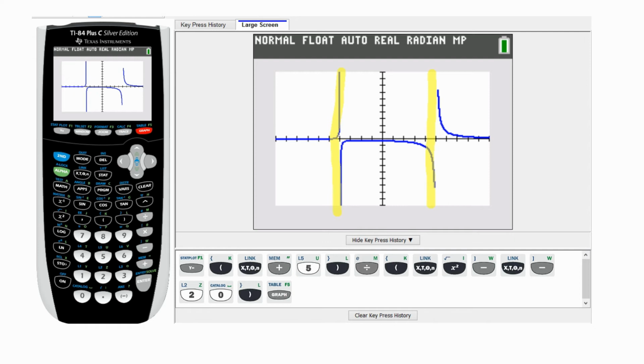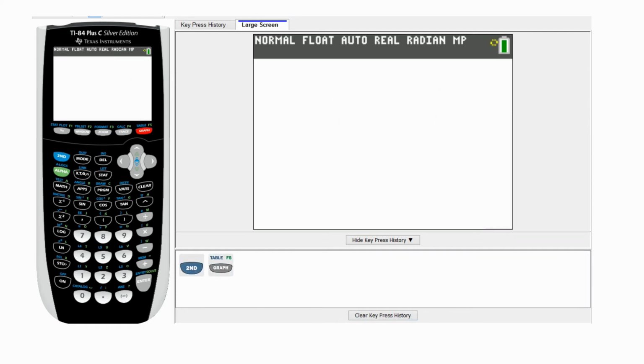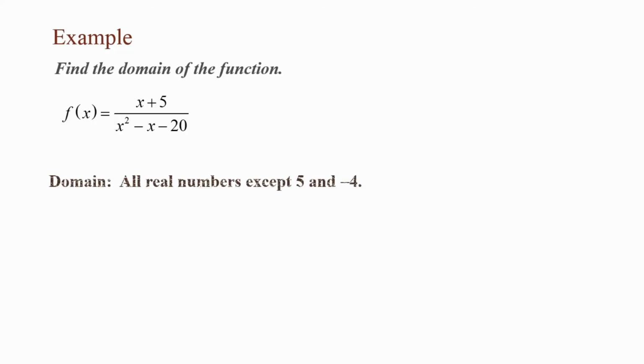So we do have two asymptotes. Second graph to get to our table, we have an error for x equals 5, arrowing up. I also have an error at x equals negative 4, which were the two numbers that we found when we set it equal to 0 and solved. Our domain is all real numbers except 5 and negative 4.